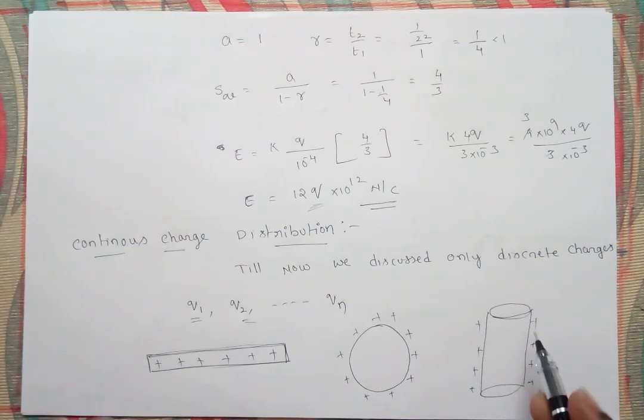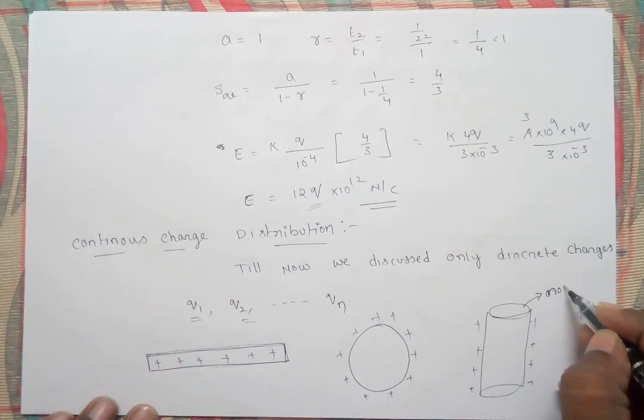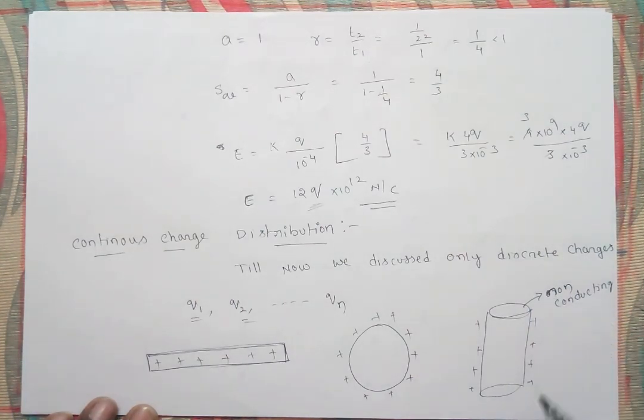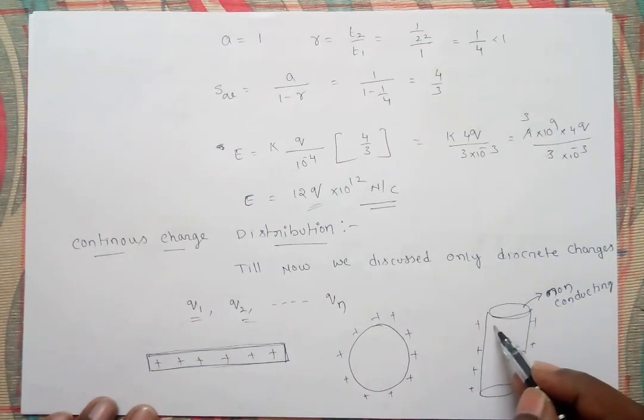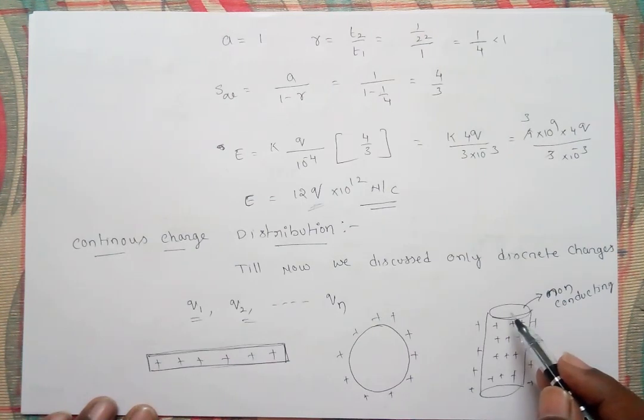Similarly, if you take the cylinder, if it is non-conducting, I will tell you about non-conducting and conducting later. First you just understand; we'll discuss this. Non-conducting means the charge will be present inside as well as on the surface. Completely throughout the body the charge is present.